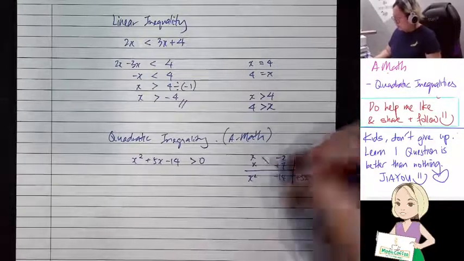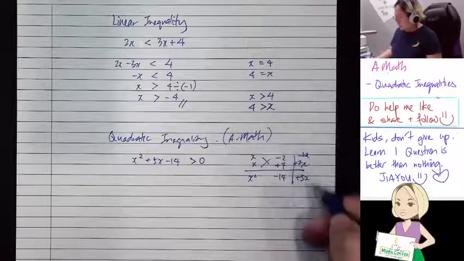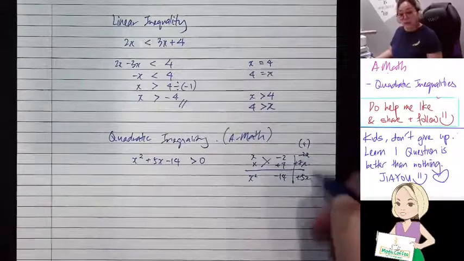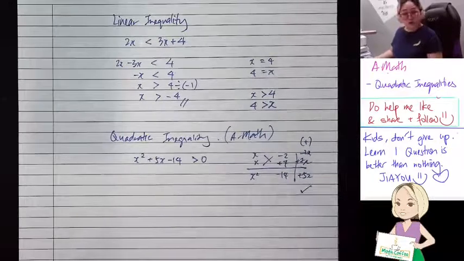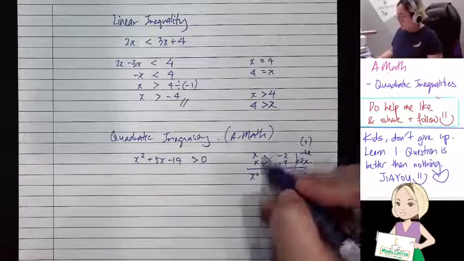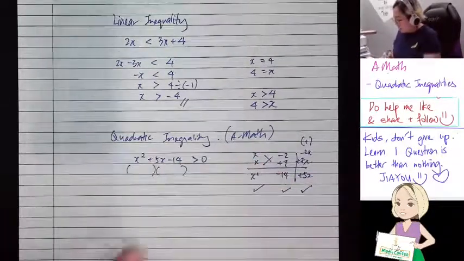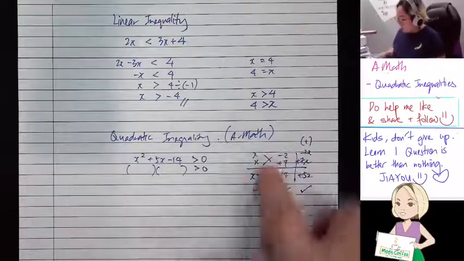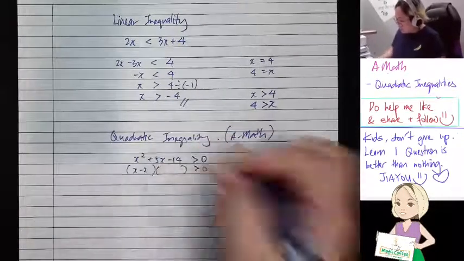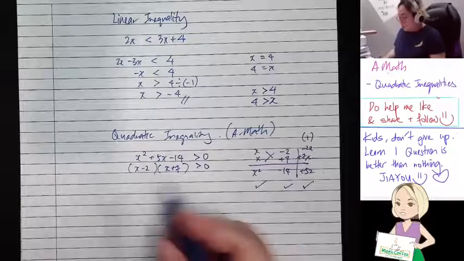Here is plus 7x, here is minus 2x, check. When I add them together, I get positive 5x; minus 2 times positive 7 is negative 14; x times x is x squared. So this will be x minus 2 times x plus 7 more than 0. Then the next thing is, you have to draw the diagram.